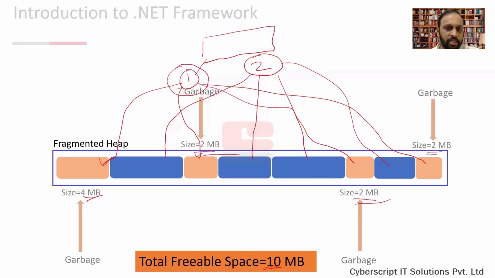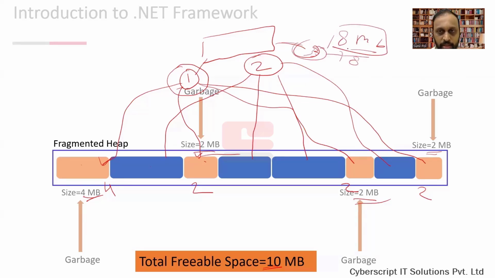But after deletion of these objects, this 4 MB would be available for the next application root. This 2 MB would be available, this 2 MB, and this 2 MB. But suppose application root 3 needs to create an object which requires 8 MB, as we discussed. So after deletion of these pink objects, a continuous 8 MB size is not available in the managed heap.